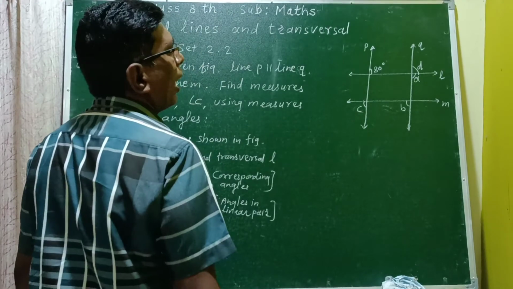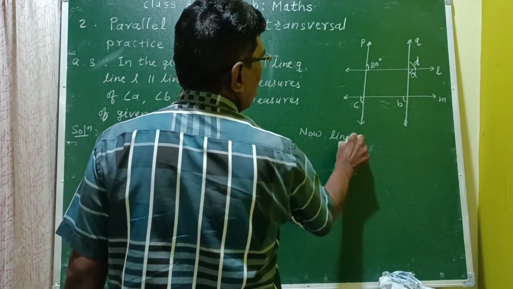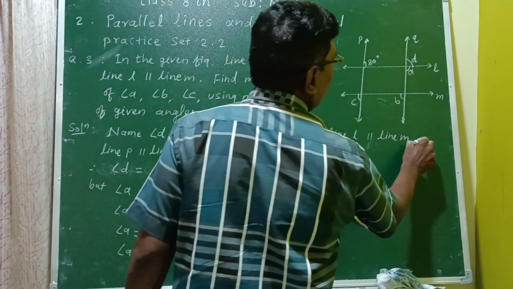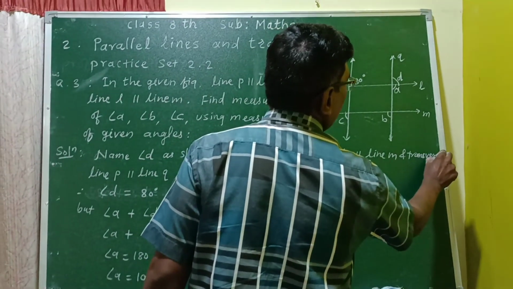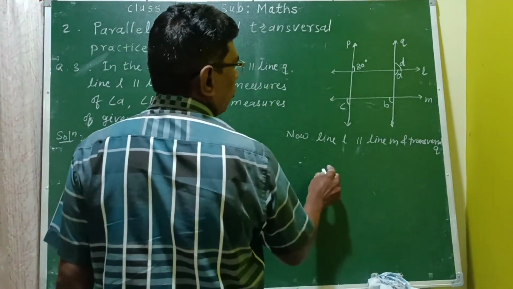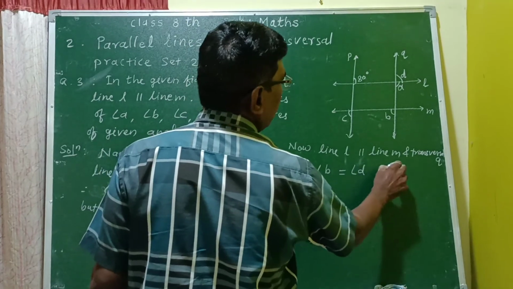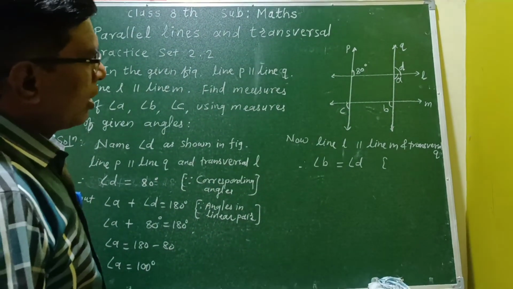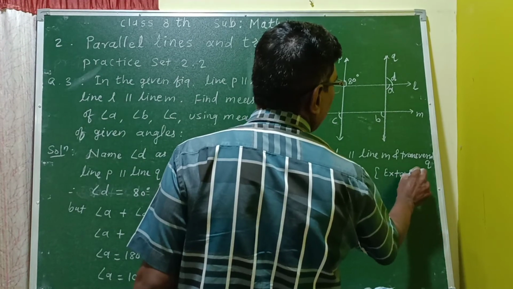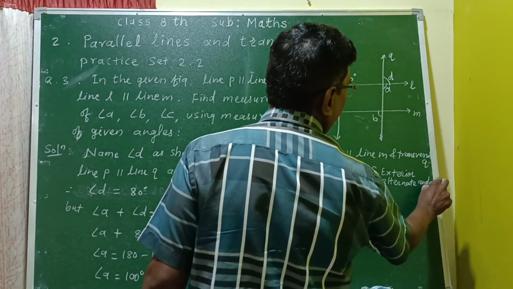Now, we have to calculate the measure of angle B. Now, B and D: line L is parallel to line M and transversal Q. Therefore, angle B is equal to angle D because they are exterior alternate angles.